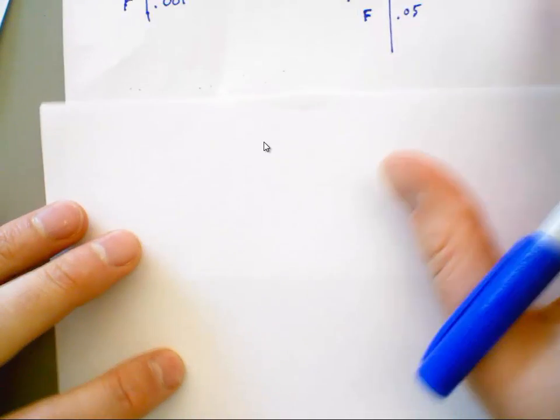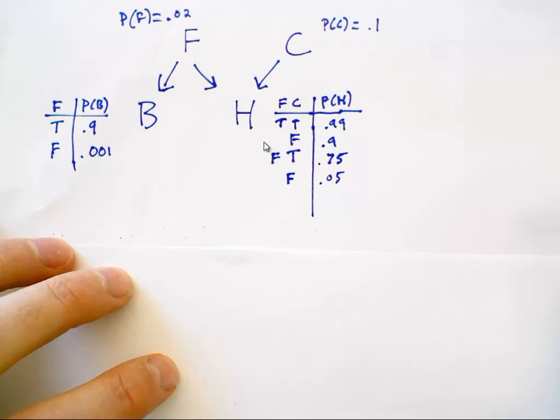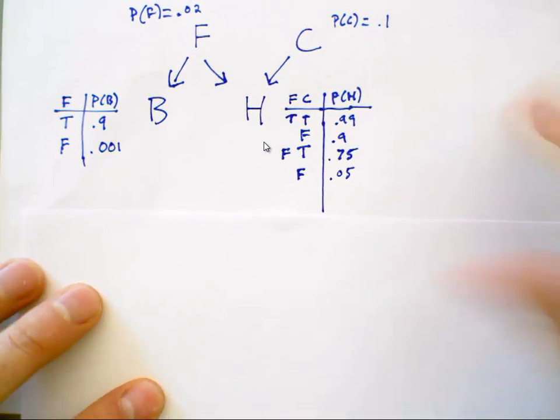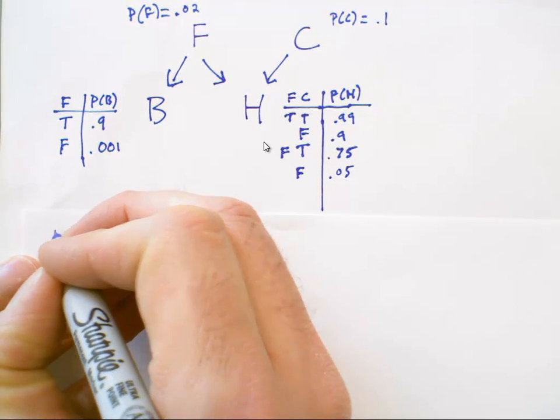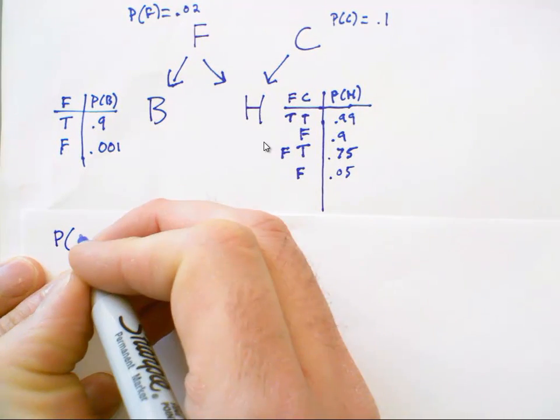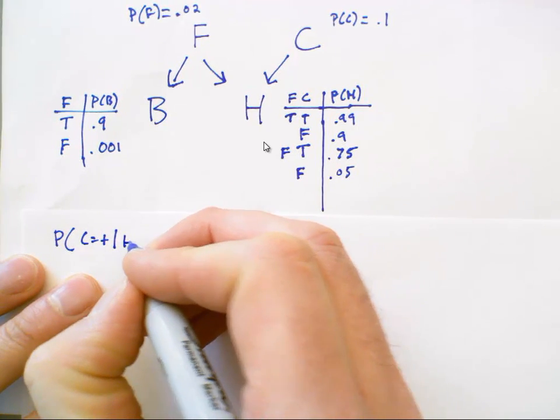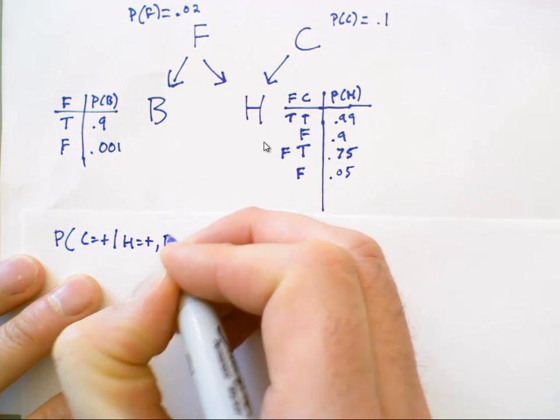No. Okay, so now you look in the mirror and you realize, man, I'm all bruised and bloody. Bruised and bloody. That's what the B stands for. Okay, so what's the probability that cancer is true given that H is true and B is true?